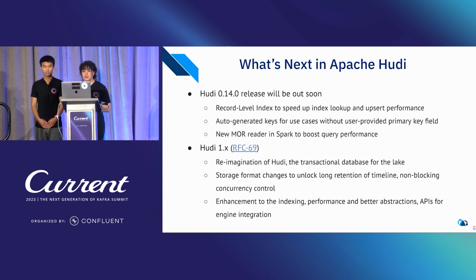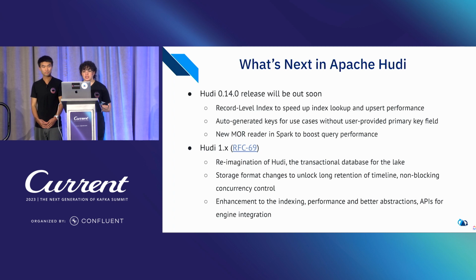So we have a 14th release coming pretty soon, which will introduce the record level index, which we just talked about. We also have auto-generated keys for use cases without the user providing a primary key field, so that's really cool. And then we have a new MR reader in Spark to boost query performance. A portion of us are also working on the Hudi 1.x release, which is super cool.